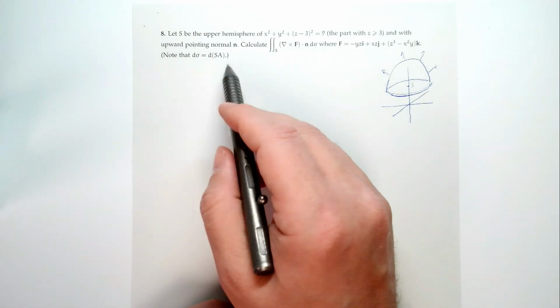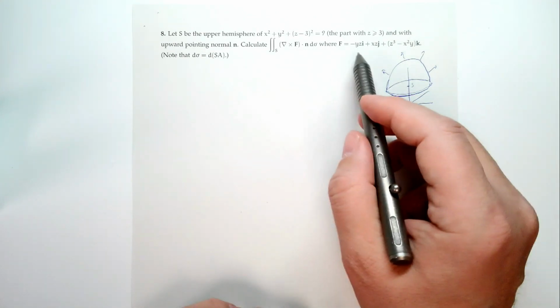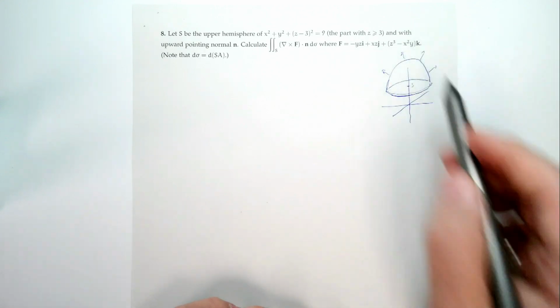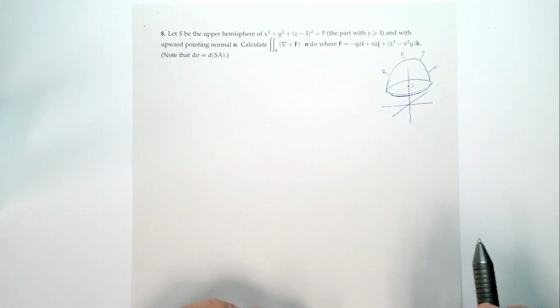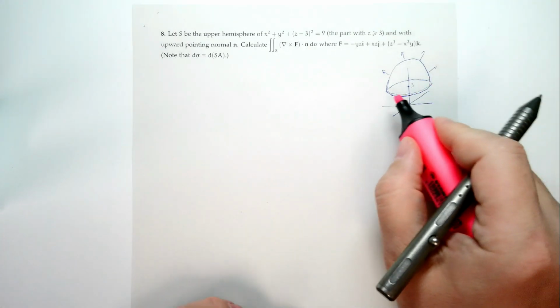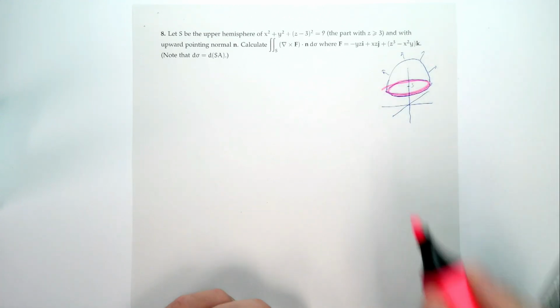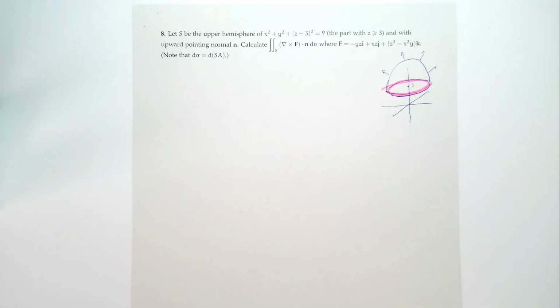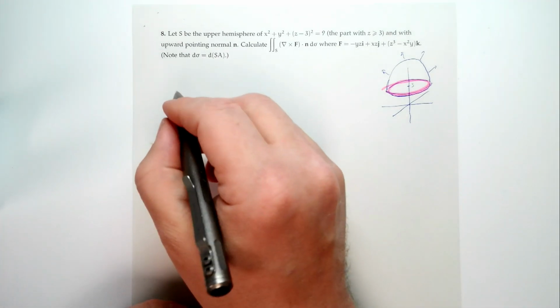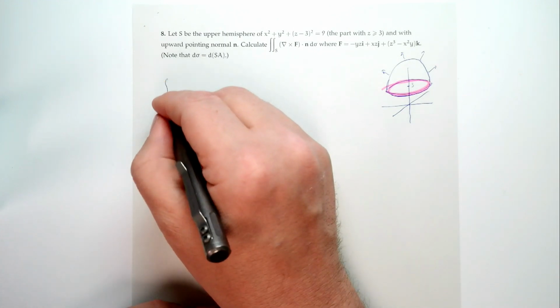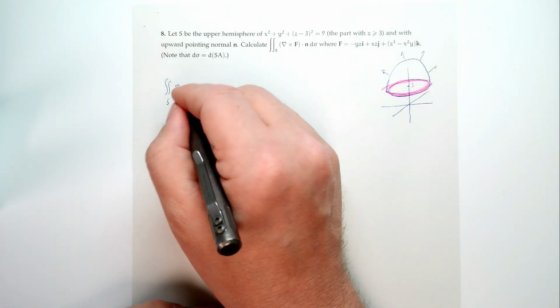d sigma is just another notation for dS, where F is this particular vector valued function. Now notice that this surface is a nice surface in that it's a surface with an edge. In other words, this is a surface with a boundary. Now, when you have a surface with a boundary, you have Stokes' Theorem. And Stokes' Theorem says you can do the integral that you were originally given.